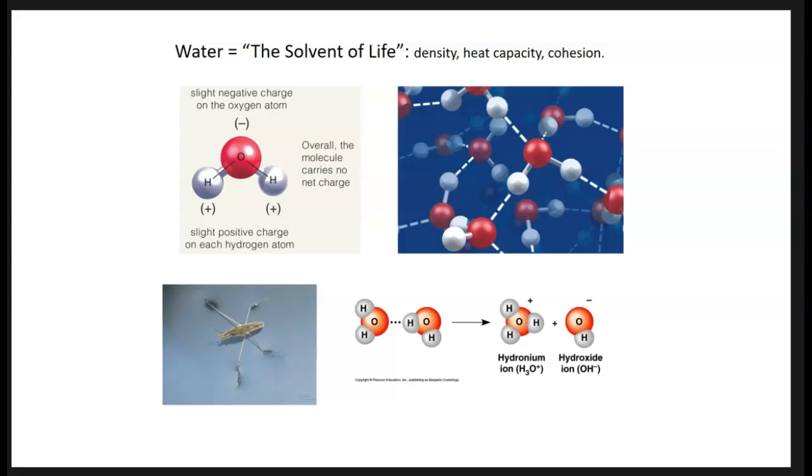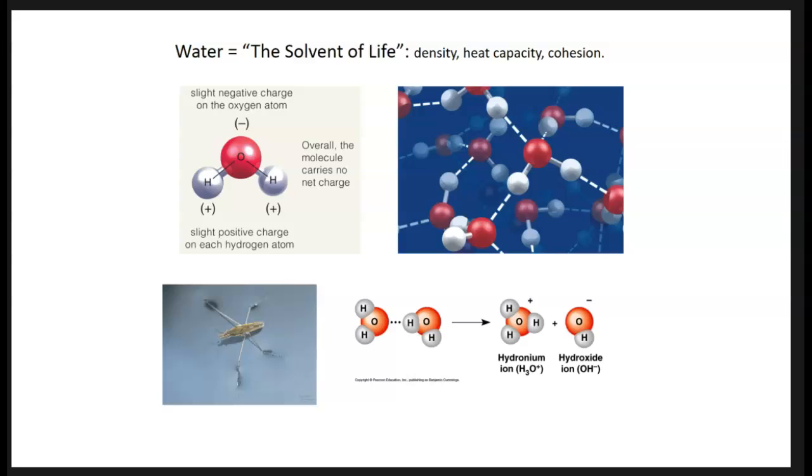Water also plays an important role in many different chemical reactions inside of cells. For example, water is able to ionize, where one of the hydrogens ionizes from the water and can form hydronium ions, which are H3O+, positively charged, and hydroxide ions, which are OH-, negatively charged.